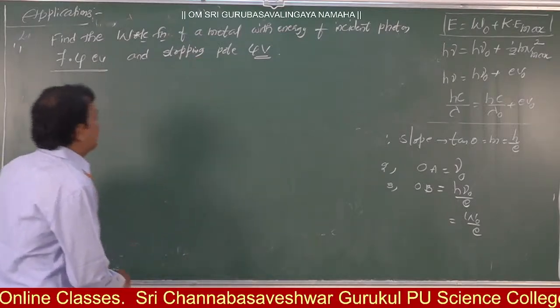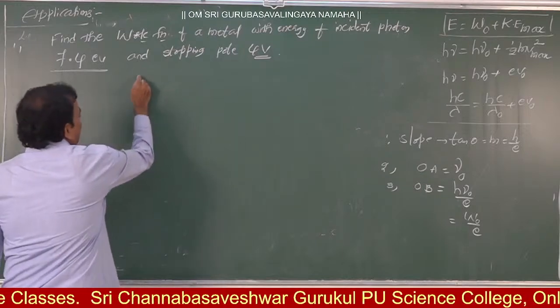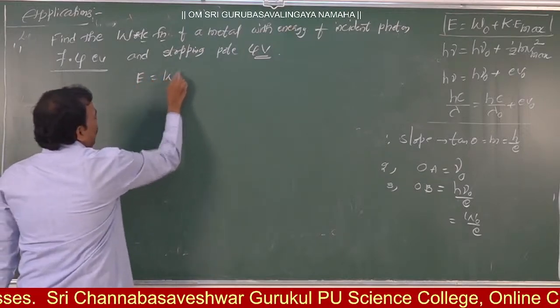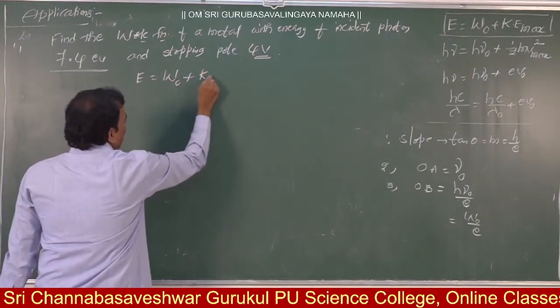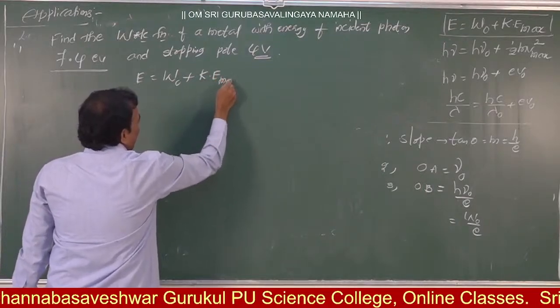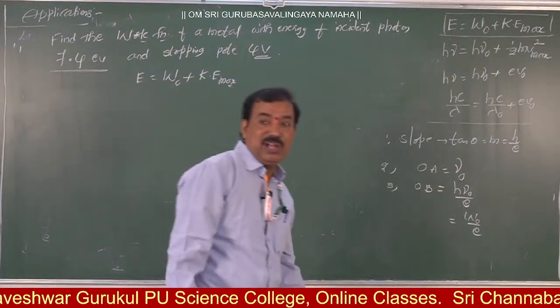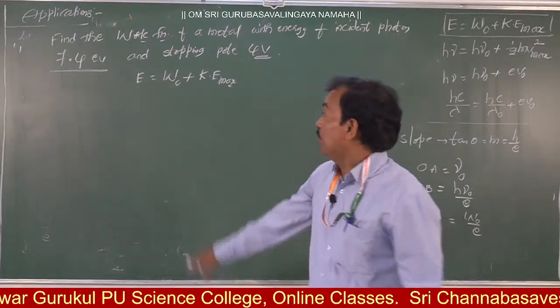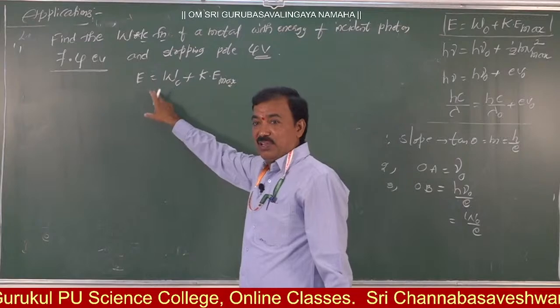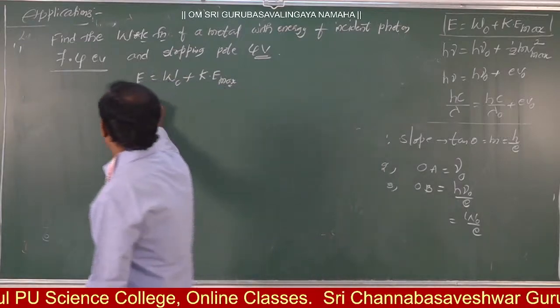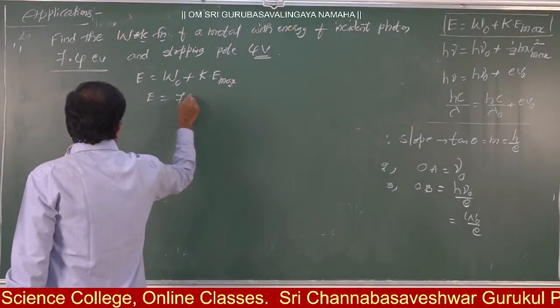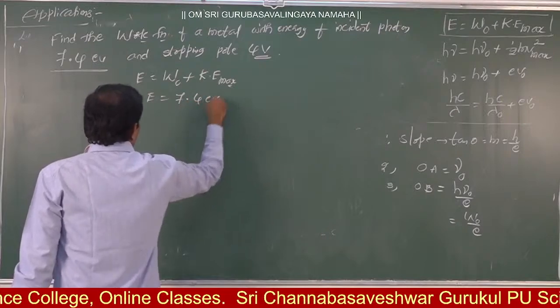What is the work function? The basic equation is E equals W naught plus Ke max. In this question, the energy is given directly: E is equal to 7.4 electron volt.